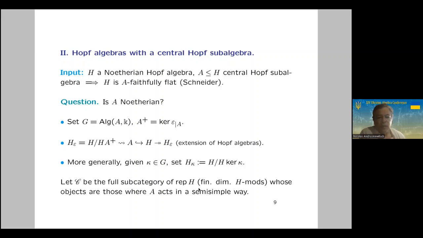Now I will consider inside the category of finite dimensional H modules, which I denote by rep H, a specific subcategory C, which consists of objects where our central Hopf subalgebra A acts in a semi-simple way.